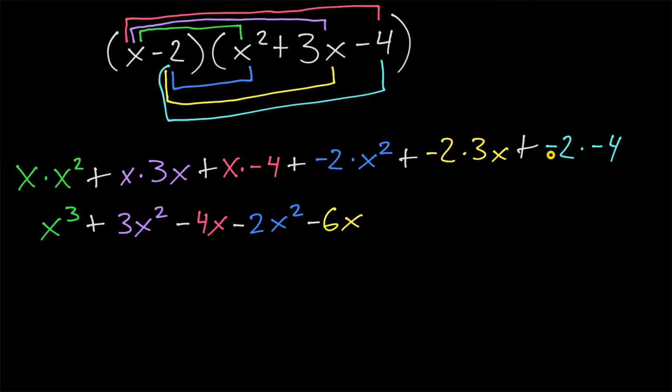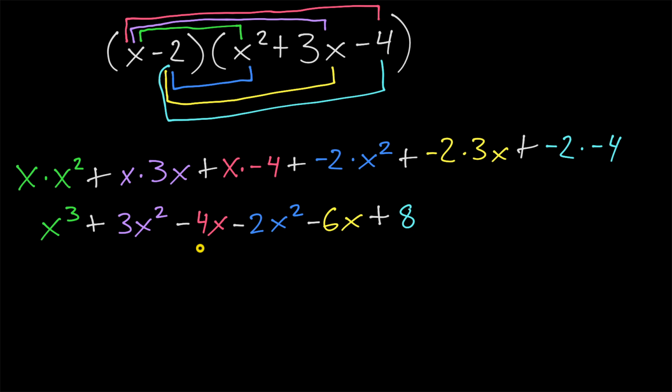And finally over here, we can put a positive because a negative times a negative is a positive. So we're going to have a positive, negative 2 times negative 4. 2 times 4 is equal to 8. Right, so we are almost done here.